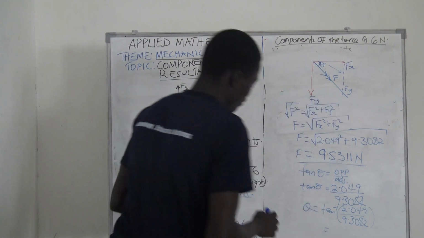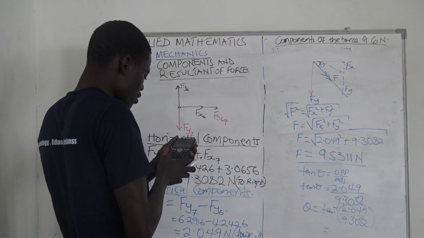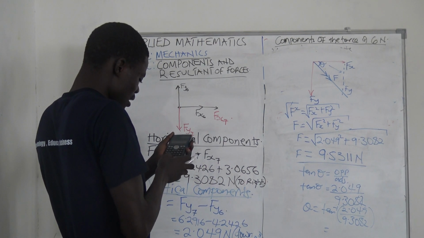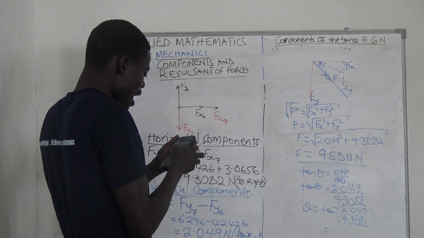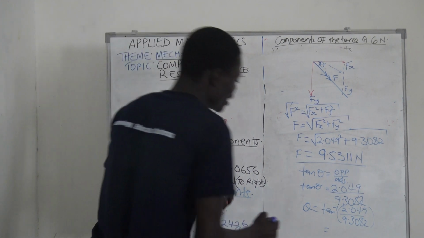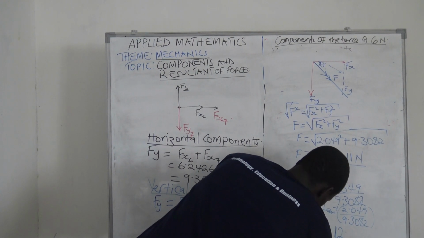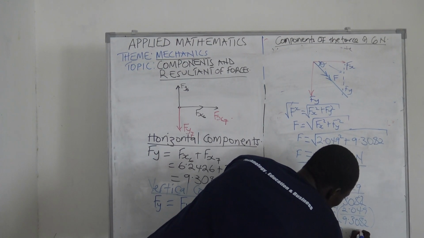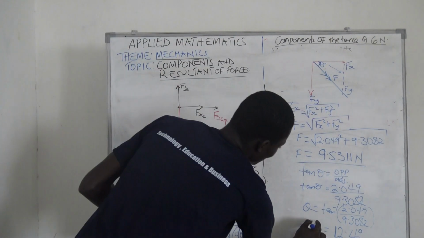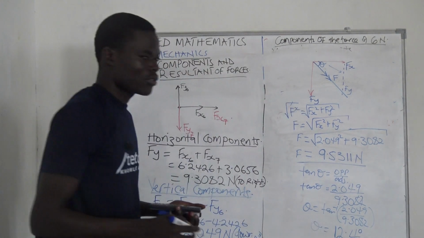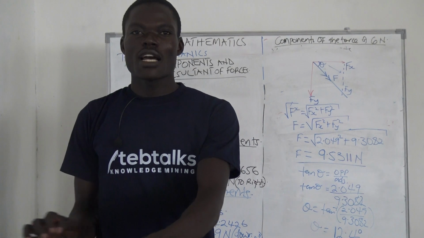The answer is 12.4 degrees. Star is given by 12.4 degrees. So that's the angle. Then let us meet in the next example and see how we calculate.